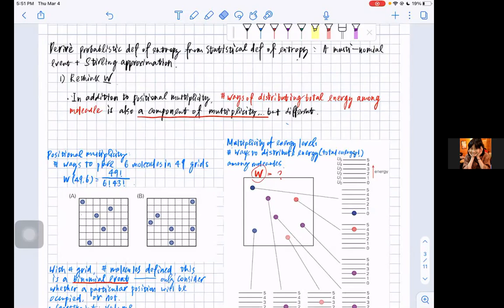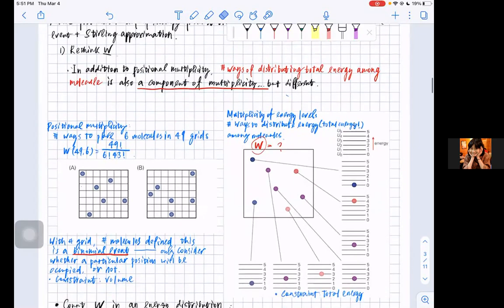So from the previous positional multiplicity, which is a binomial event where a molecule can occupy a grid box or not, we expand that to the ways of distributing energy among the molecules that gives molecules different energy levels.